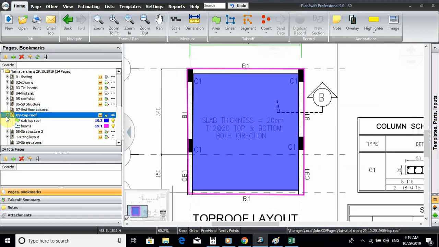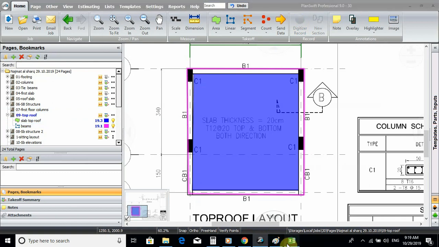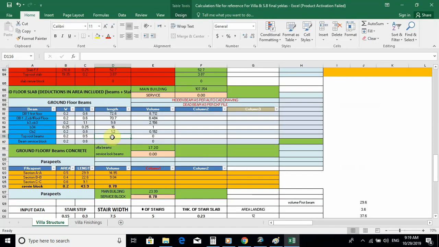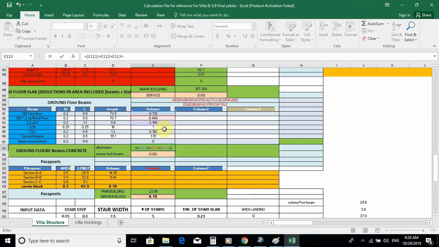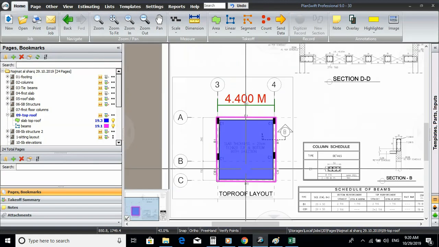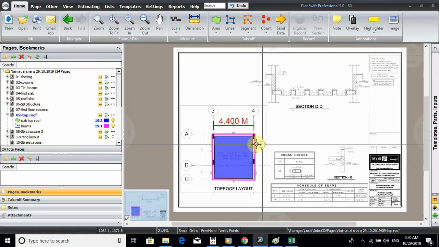Beams 19.1. You have to include this, because all these beams were not included. I think the command is not working here, so we make it manual, plus, because this is related to the villa. Service block would be only this. That's it. That's the slabs.